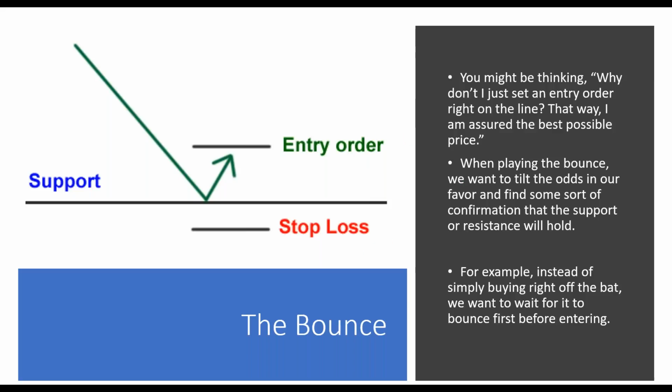So we might set our trade when we see it coming down to the support level, and say this is at $1,200 for gold or 121. We might want to put our buy level at 121.10. So it has to bounce off of this level before it enters the order. We would put our stop loss below and our entry order up here.